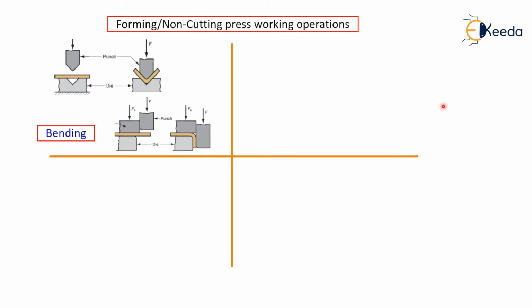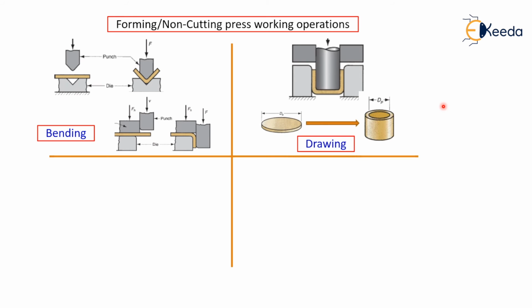Second is the drawing operation. Drawing is a sheet metal forming operation used to make cup-shaped or box-shaped parts, just shown over here. It is performed by placing a piece of sheet metal over a die cavity and then pushing the metal into the opening of the die cavity with the punch.